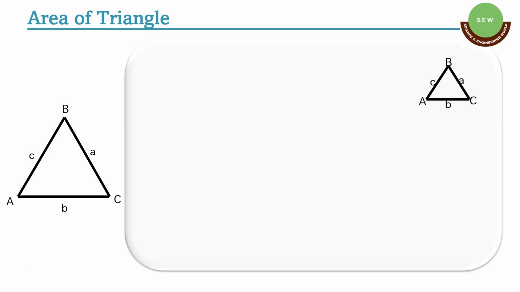In looking at a triangle like this, we can have here the first method, which says area of this triangle will be equal to half of the base, that's half times base, times perpendicular height.